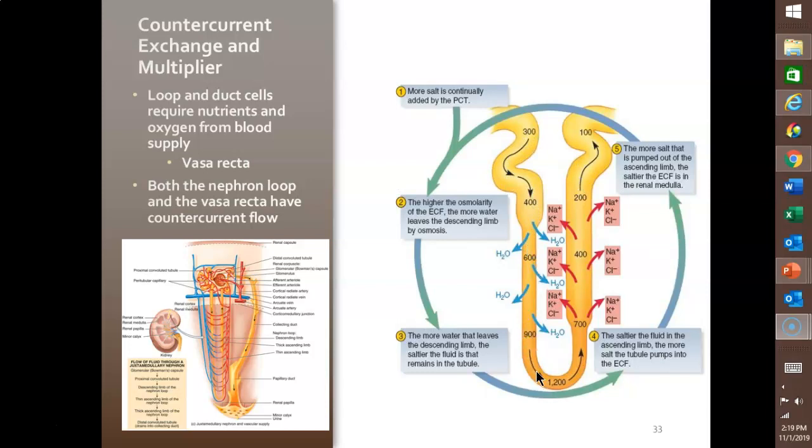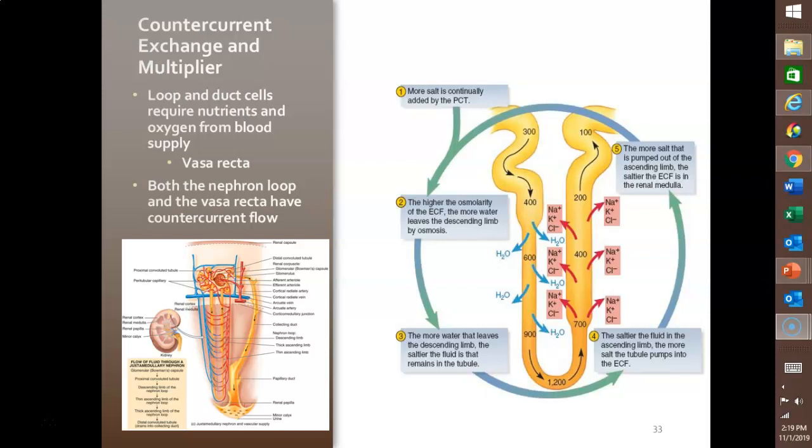So we've got a really highly concentrated solution now with lots of ions. As it gets into the ascending limb, those transporters are going to start pumping sodium and other ions out, because the osmolarity was really high, right? So the water can't get out. These cells are impermeable. That means this fluid is becoming even more and more concentrated. The osmolarity of it is increasing as it moves further along that pathway.